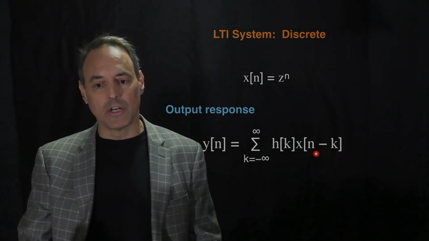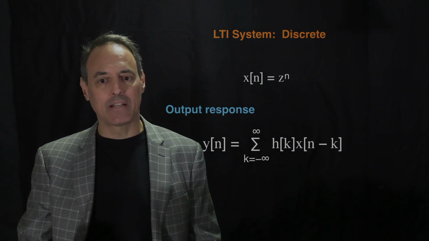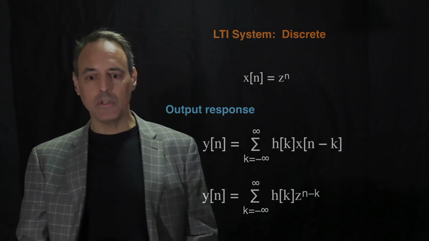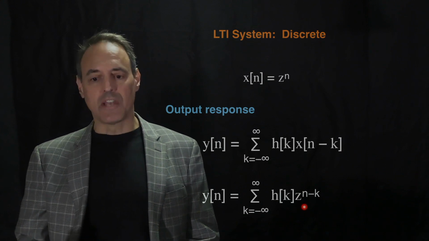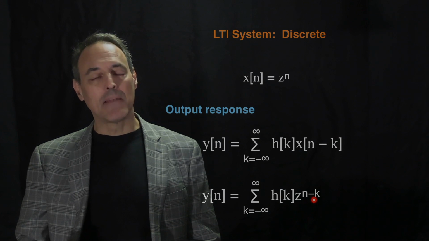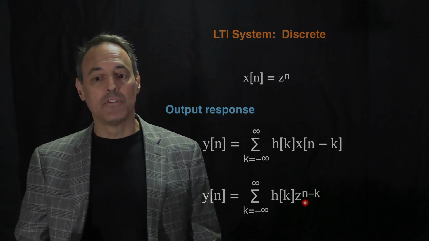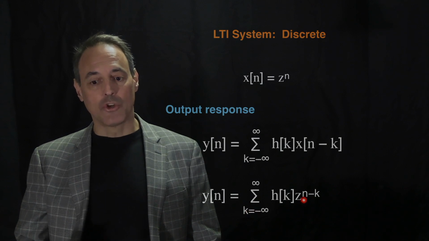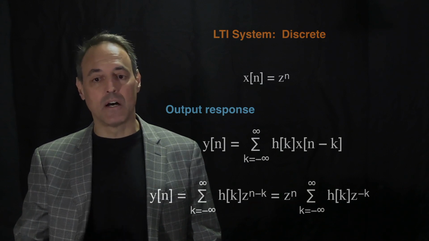What we're going to do now is plug into our signal. We're going to put in not just any x, but this exponential. So when we do that, this is now the sum of h[k] z^{n-k}. But notice here, z^{n-k} is z^n times z^{-k}. Now this is a sum over k, and so z^n itself can come out of this sum.